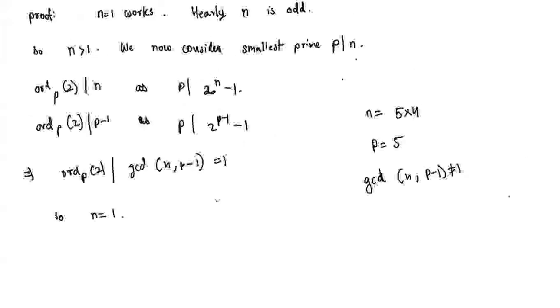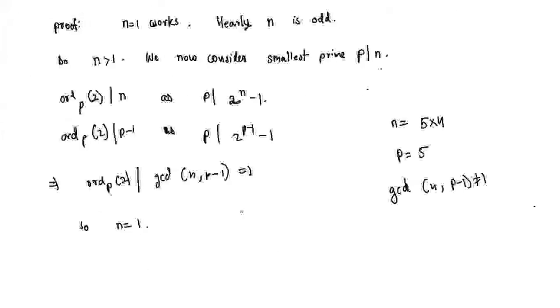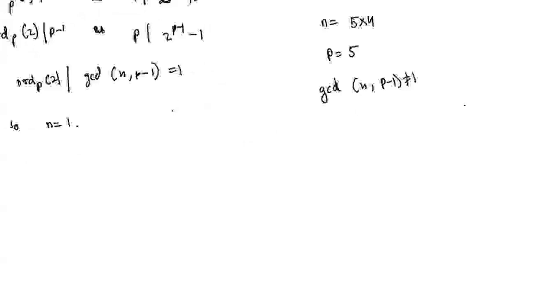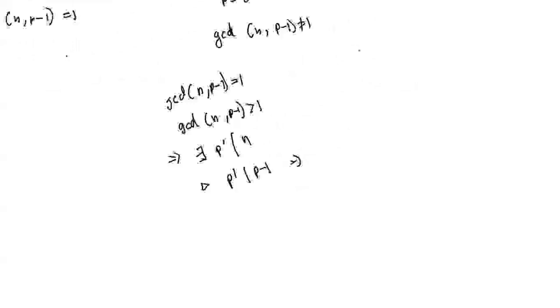Here I considered the smallest prime p which divides n. So the GCD of n and p minus 1 has to be 1, because if the GCD of n and p minus 1 is greater than 1, then there exists a prime p dash which divides n and divides p minus 1, which implies p dash is less than or equal to p minus 1.